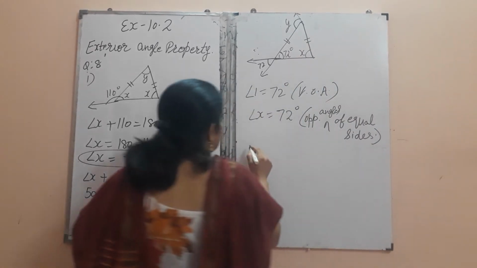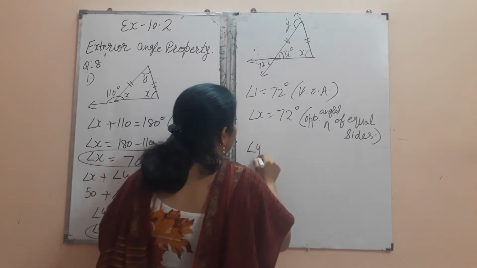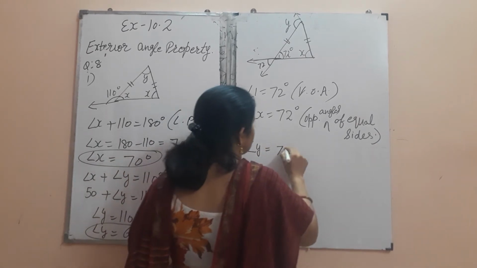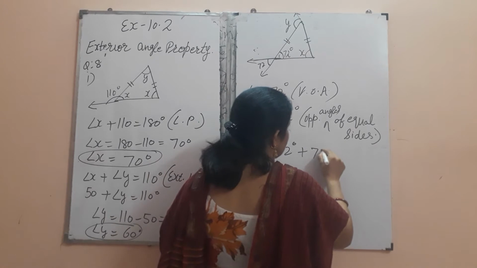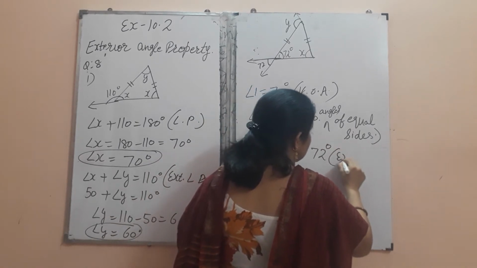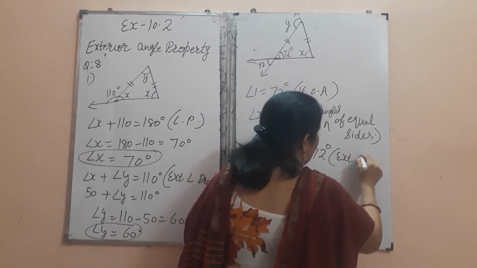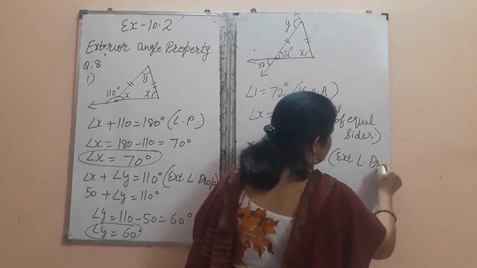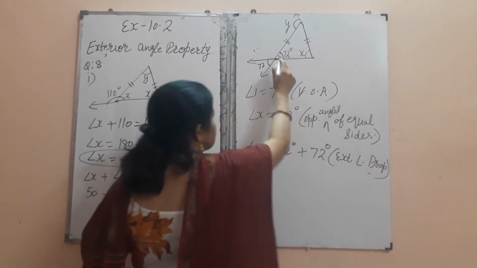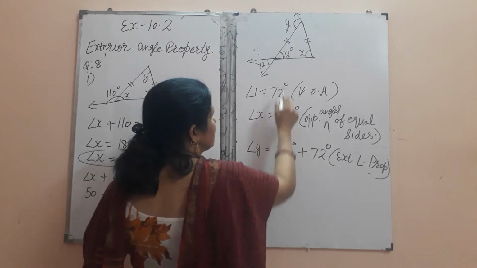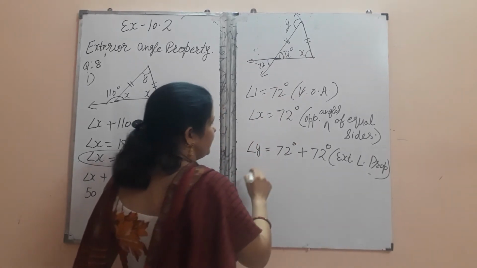So angle y equals 72 degrees plus 72 degrees, by the exterior angle property. This is 72 degrees and this is equal, so this also we have found to be 72 degrees.